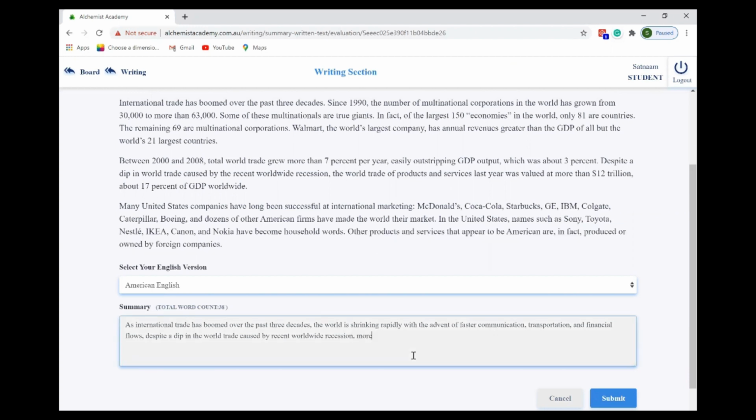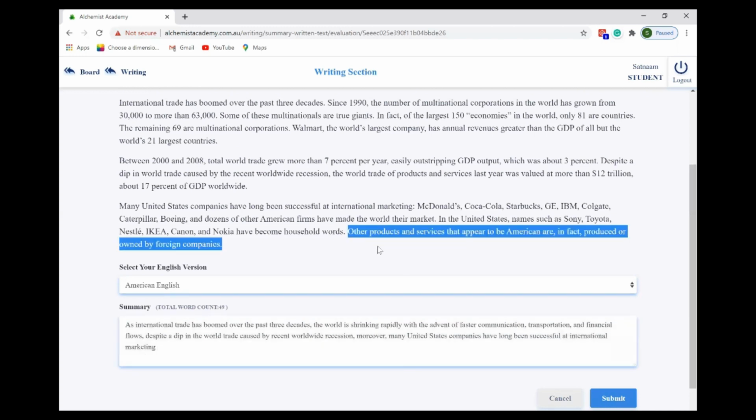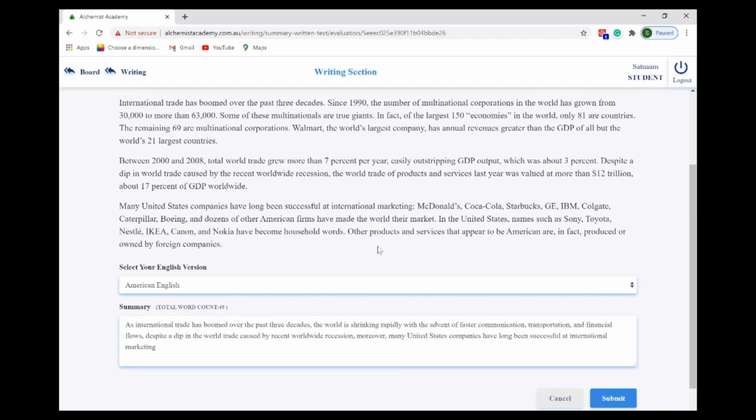Worldwide recession. Moreover, many United States companies have long been successful in international marketing. And then I said that I'll be going with some information from here as well, right? But I need to rephrase it. I just can't copy paste it. So I would be writing here international marketing. I'll just use a contradictory synonym.